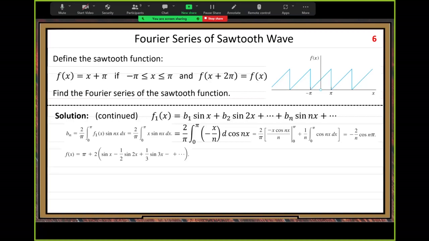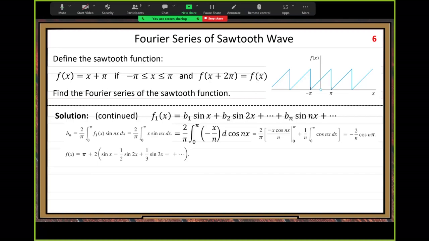But n equals 0... sorry. n cannot be 0, right? For b coefficients, n can only be from 1 to infinity. n cannot be 0 for the b coefficient.